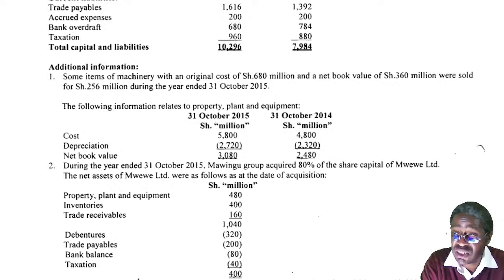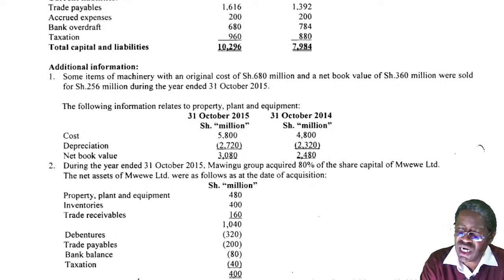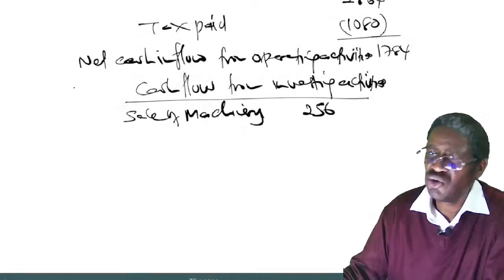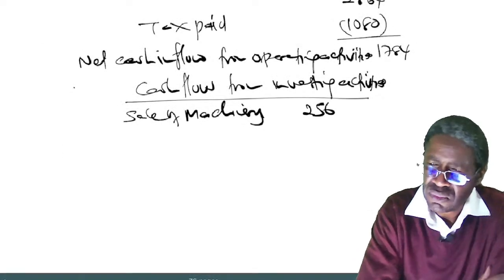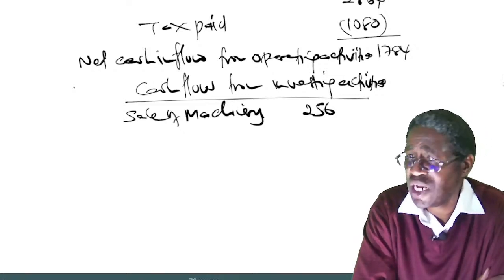They had given us the breakdown of the property, plant, and equipment amount. They gave us the cost, they gave us the depreciation, and the book value. So you remember, we prepared the account of property, plant, and equipment. And I do hope you remember we said, listen, why do you normally need to analyze the account of property, plant, and equipment?